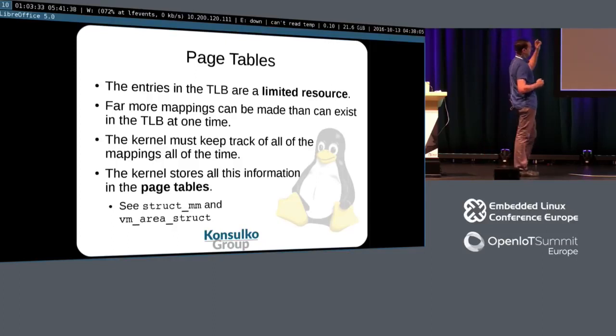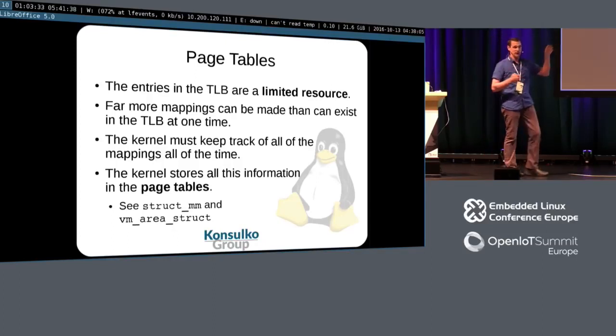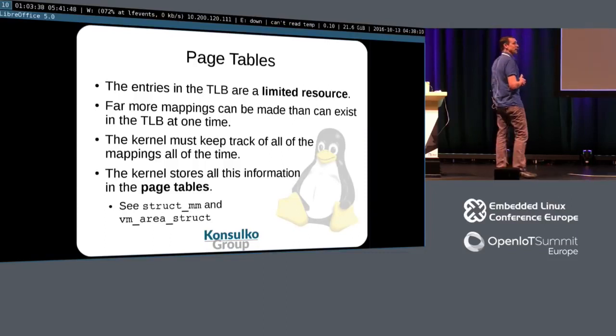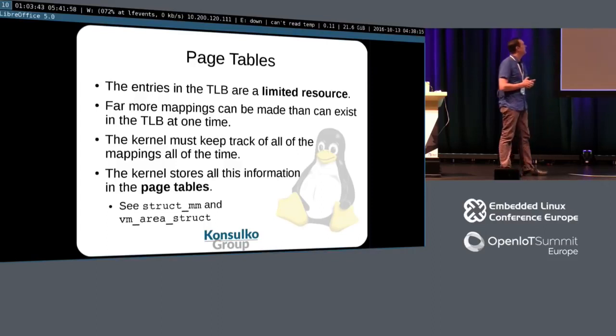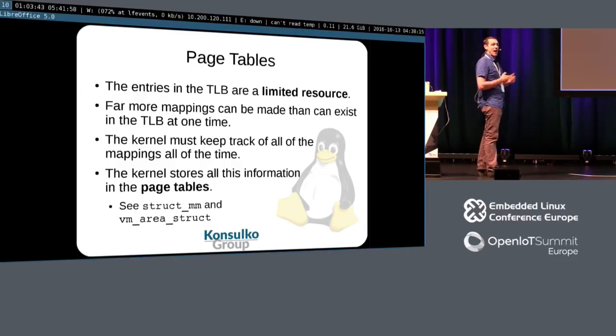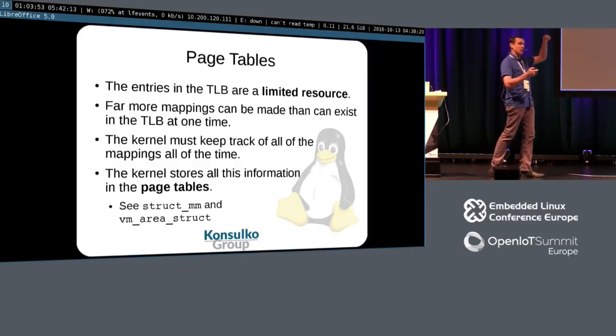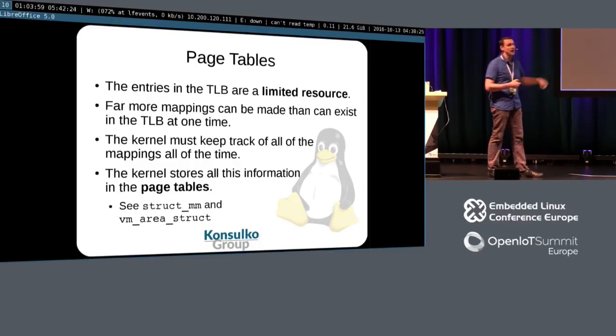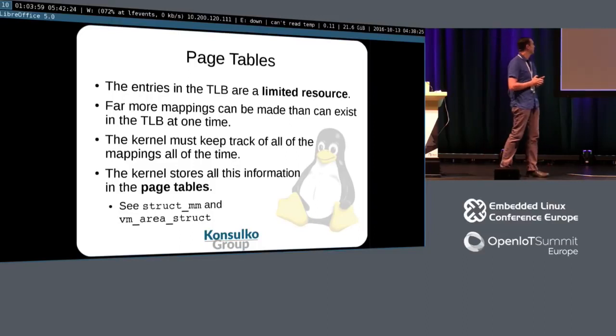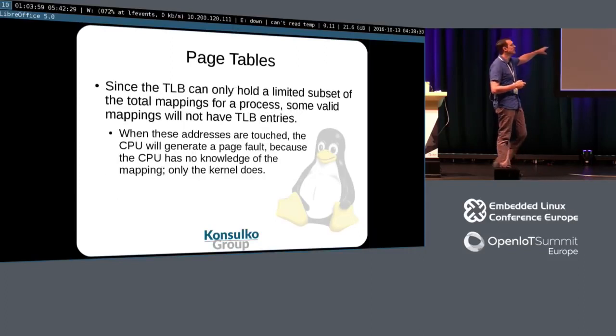As we said, getting into page tables, the entries in the TLB can be a limited resource. We can't just map the whole world of our address space in there. We have a lot more mappings in that struct for our process than we have TLB entries, so the kernel's got to track all that. So it has a set of data structures we call the page tables. You can look in mm struct and vm area struct to see how those are done.